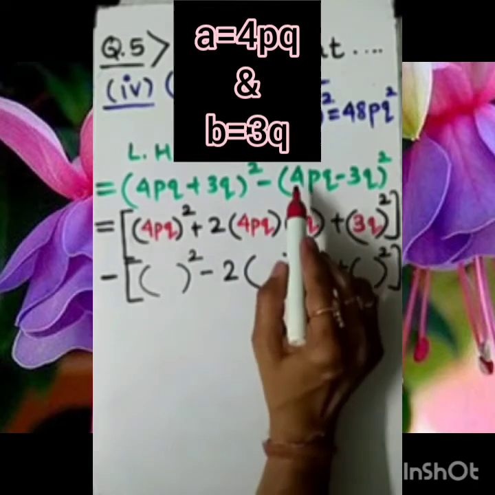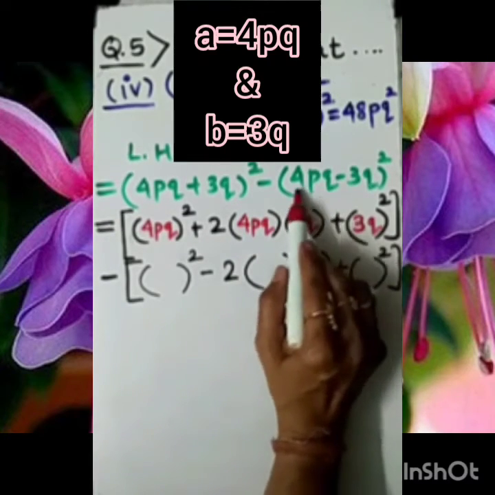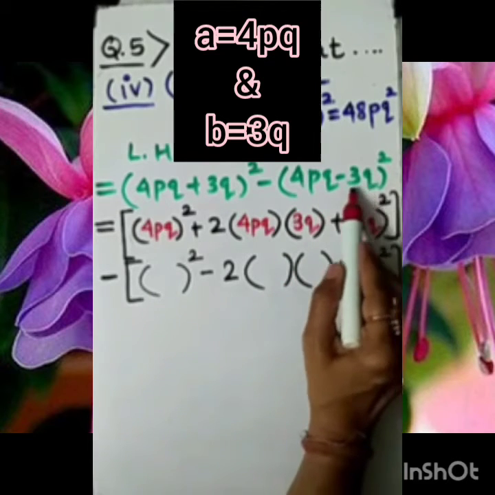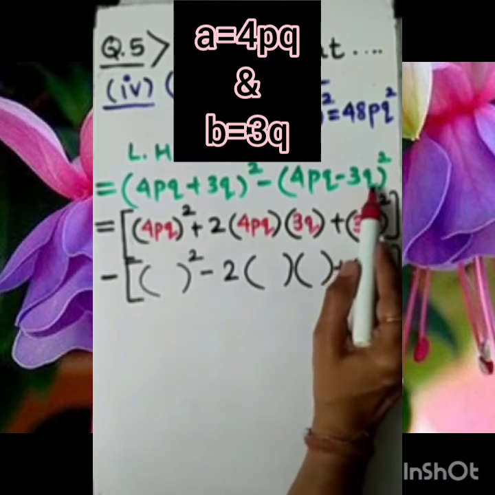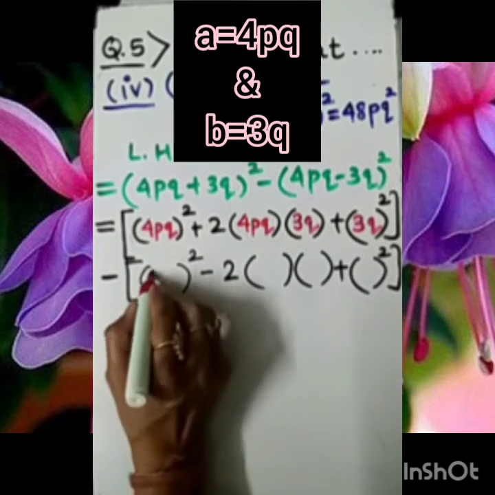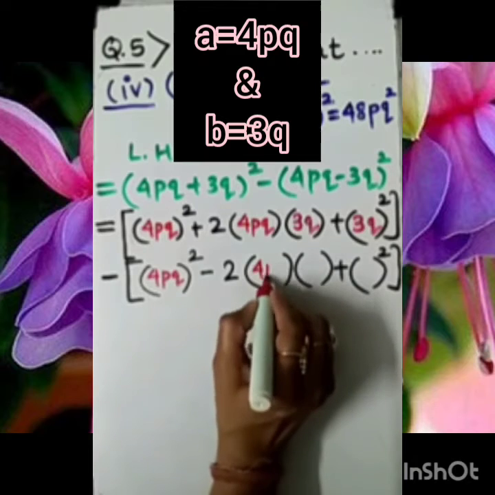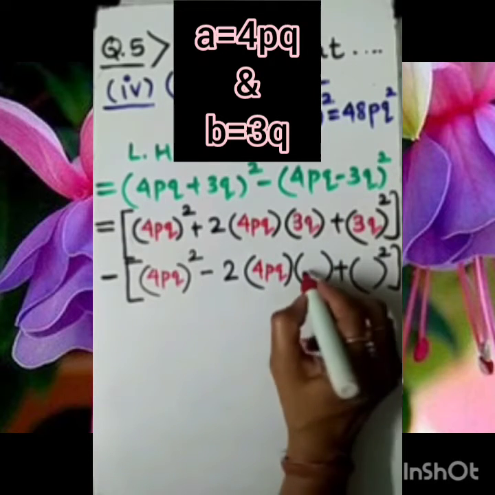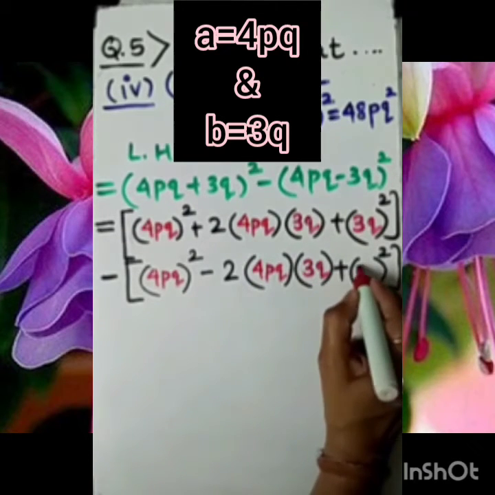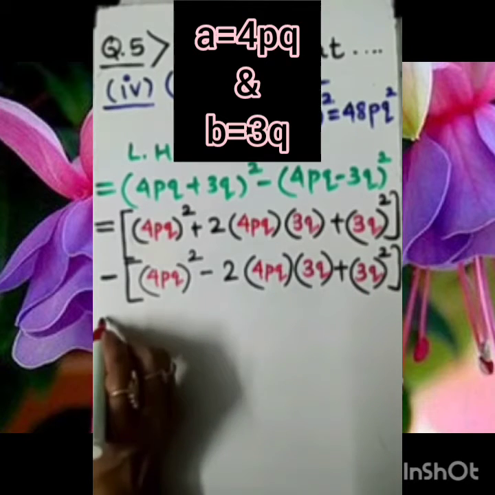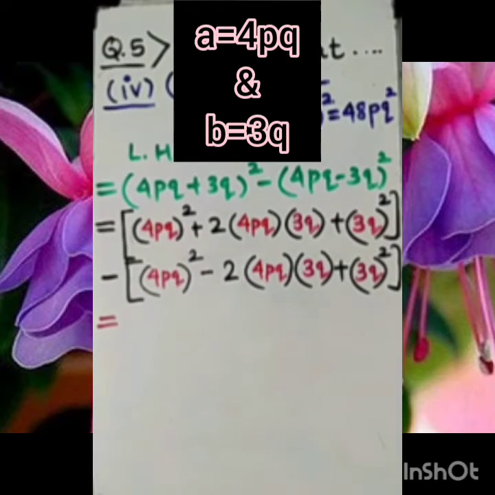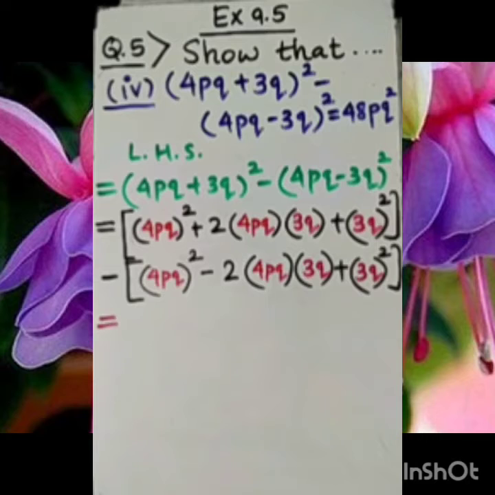Here in these two terms, this is the first term which we compare with A, and this is our B according to the identity. So I need to write the value of A here, 4pq. This is also 4pq. Here it is 3q, and this is also 3q. Fine, so let's simplify. Make yourself ready.